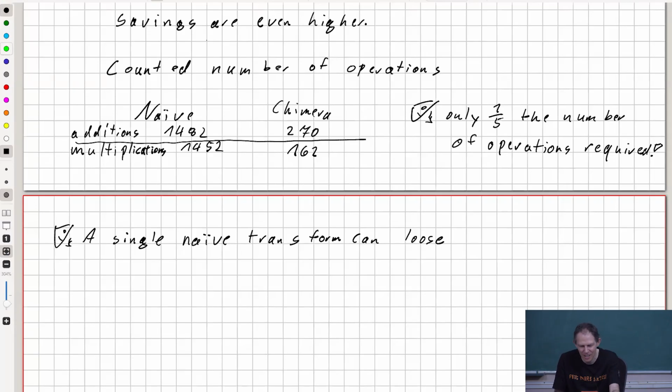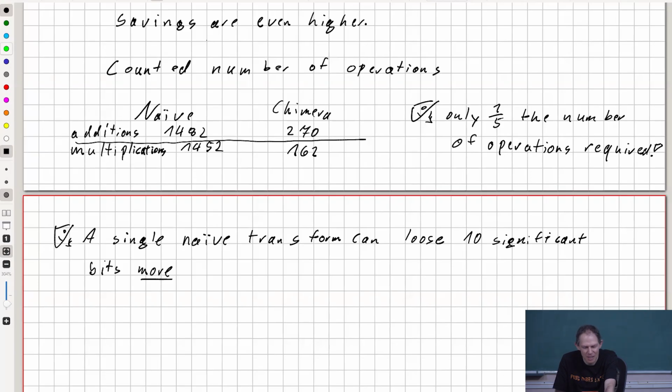And in fact, the naive transformation can lose up to 10 significant bits. So this is what I have observed. I mean, there's no proof that this is often the case. This was just in this particular case. But it's not that the Chimera transform is perfect.